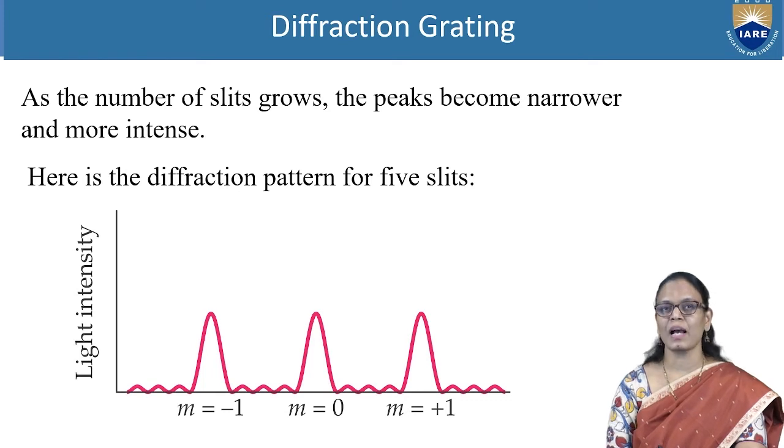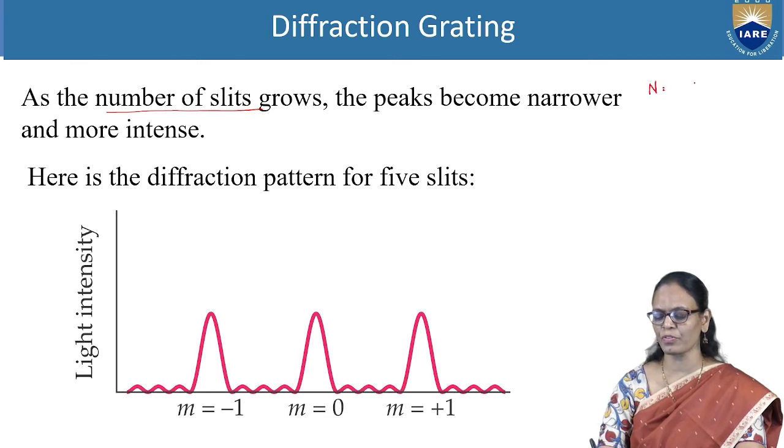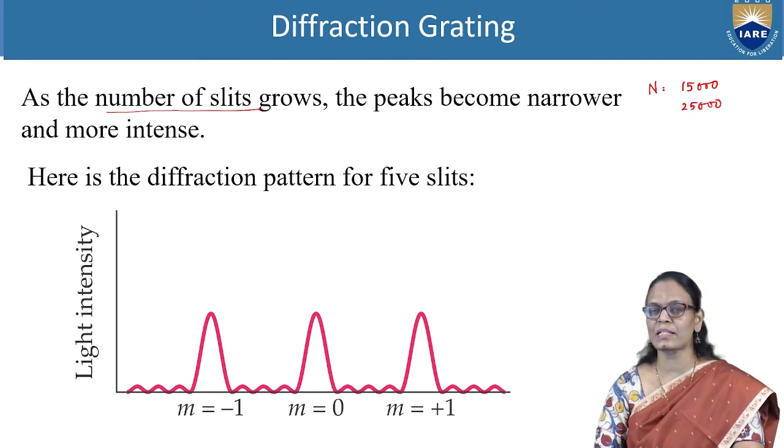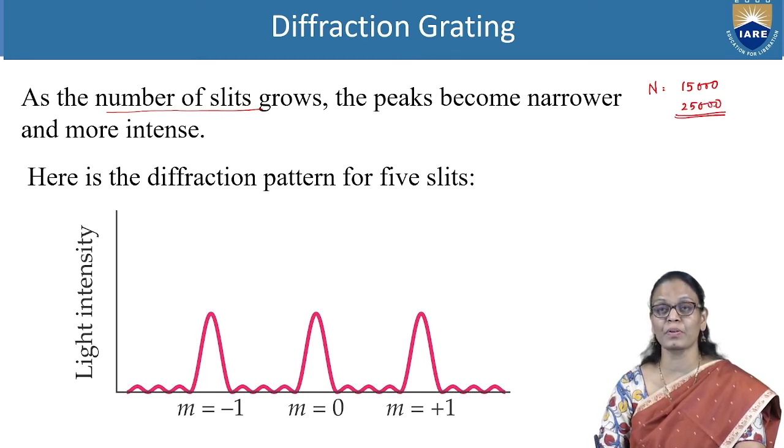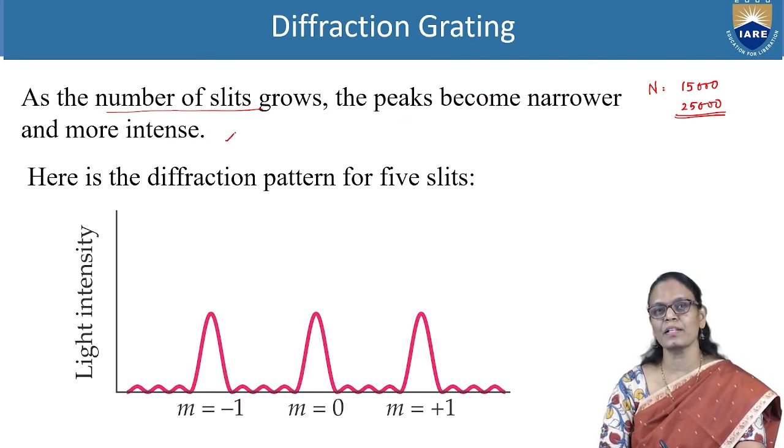As the number of slits grows, imagine capital N equal to 15,000; we may also draw 25,000 lines per inch. If the number of slits per unit inch grows, the peak becomes narrower and more intense.